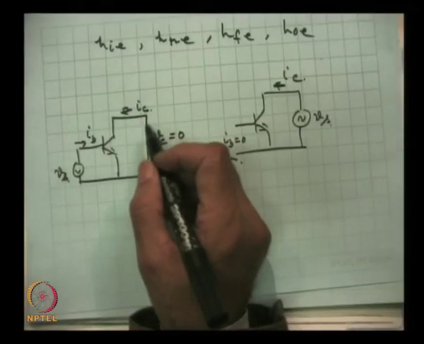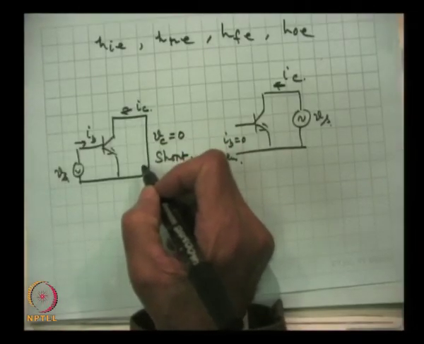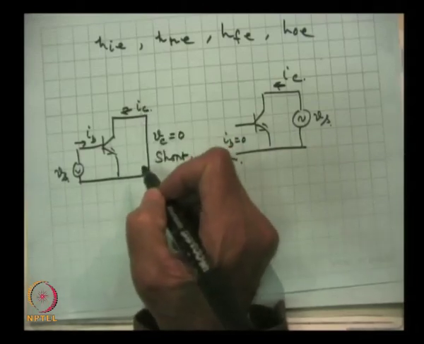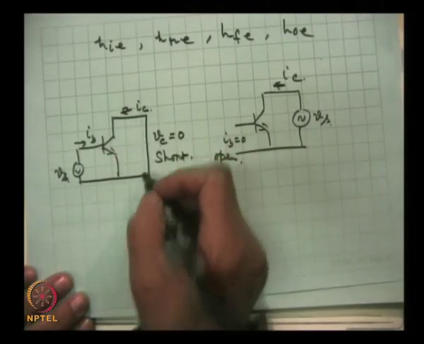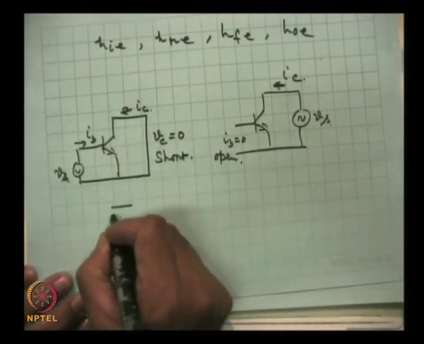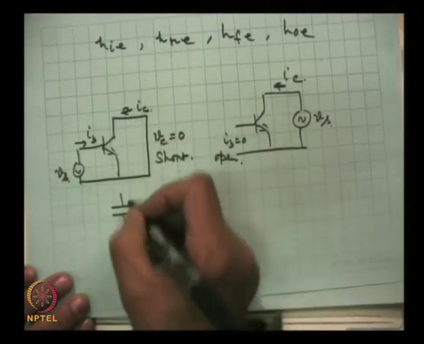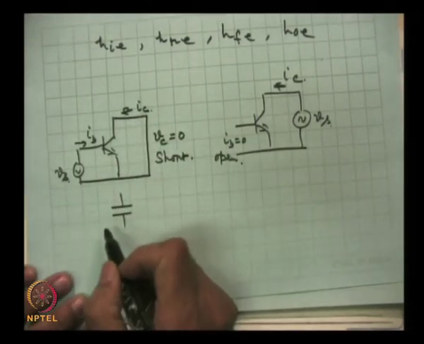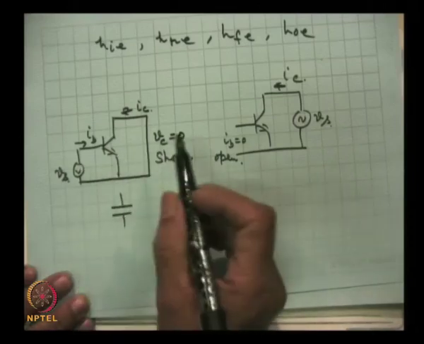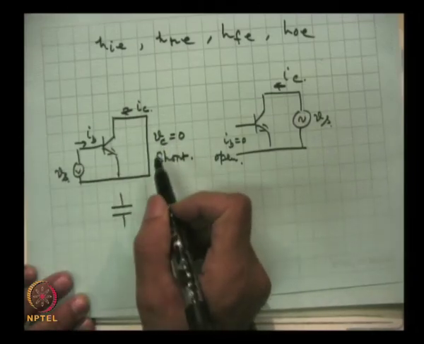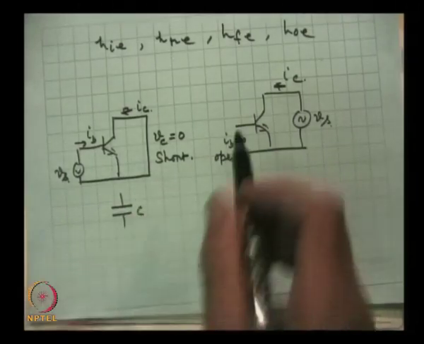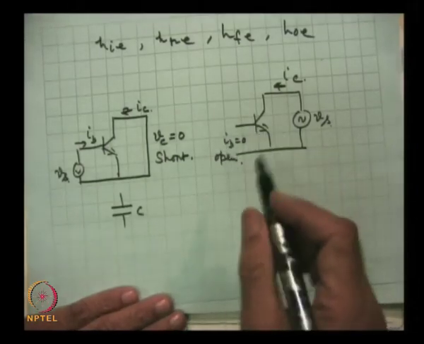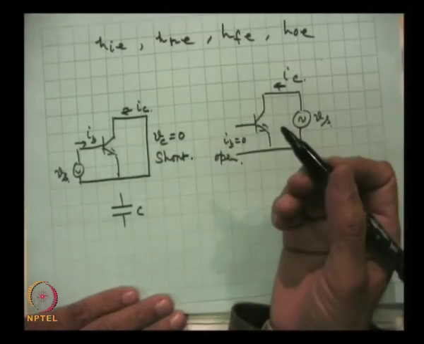Now, how do we achieve this in practice? Not just by shorting it, otherwise how will we apply the signals. So, this shorting is achieved by using an appropriate capacitor in shunt. So, the AC signal will pass through it without disturbing other things. This condition of output shorted is obtained by use of a capacitor, and this open condition is obtained because we have to bias this properly.